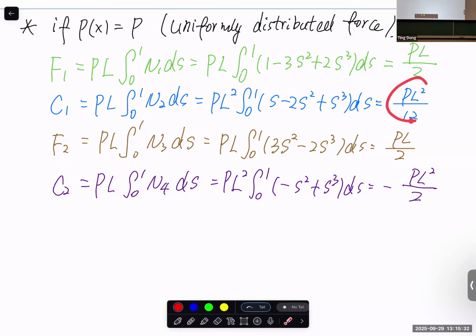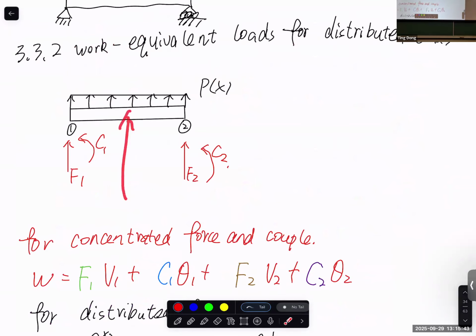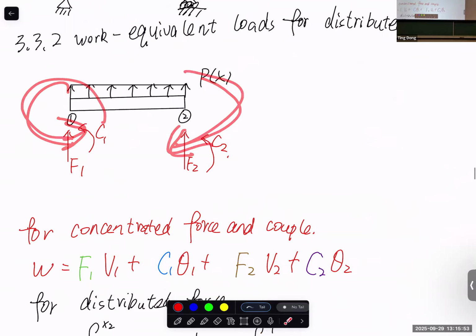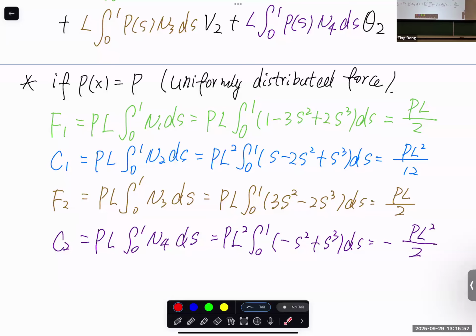So one is positive, one is negative, which basically means that if the force is applied upward, then to generate the same rotation, one is in this way and one in this way, right? Positive means the counterclockwise direction, negative means the clockwise direction, to generate the same deformation or same theta.